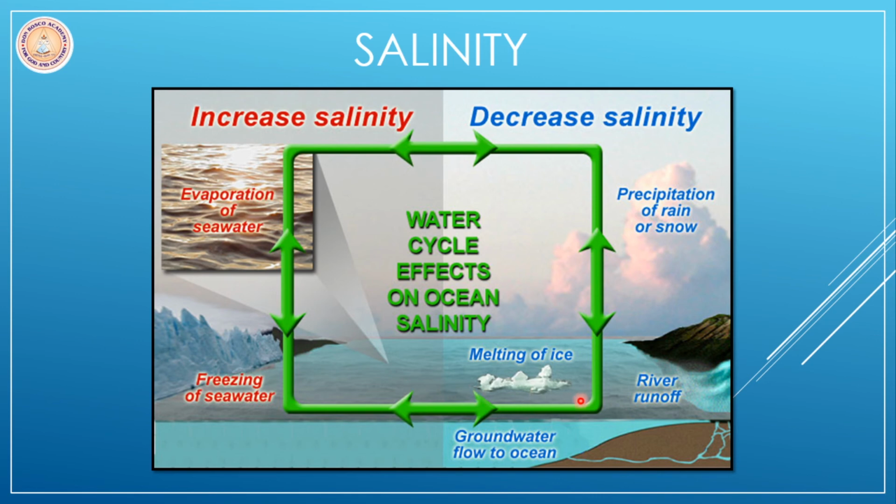For example, in those areas where large rivers are emptying themselves into the ocean, the salinity tends to decrease. Or in areas where there is heavy precipitation, heavy rainfall, there also a huge amount of fresh water is added into the sea and the salinity is comparatively less.